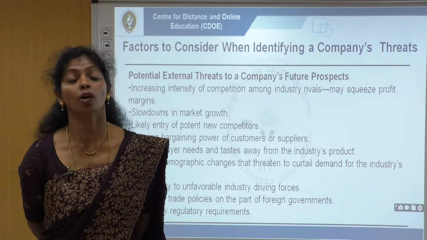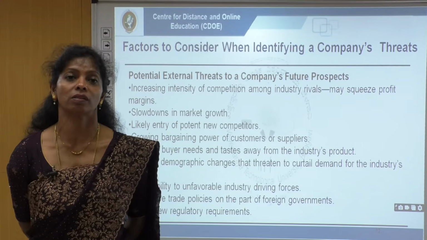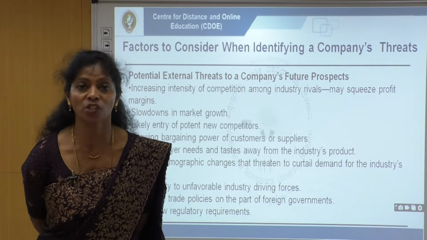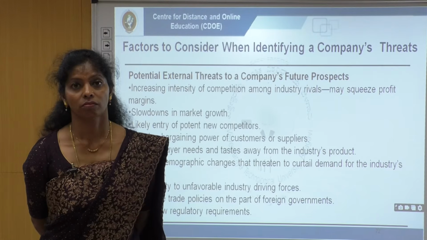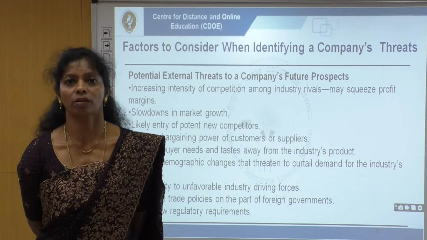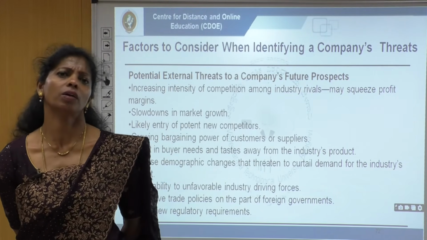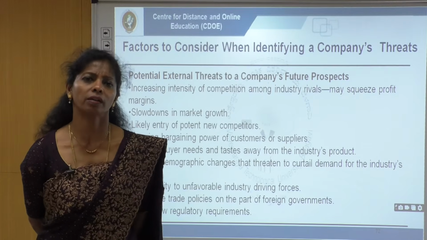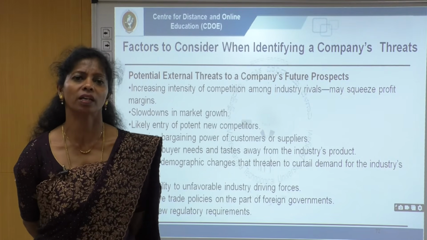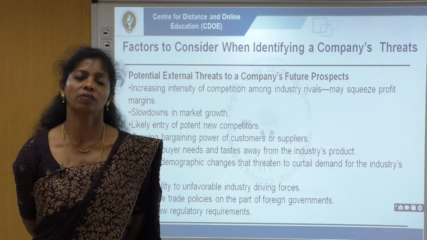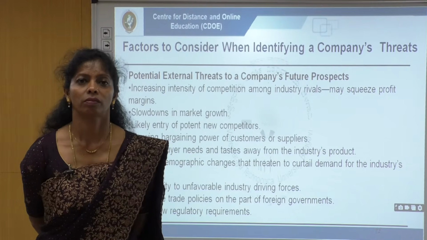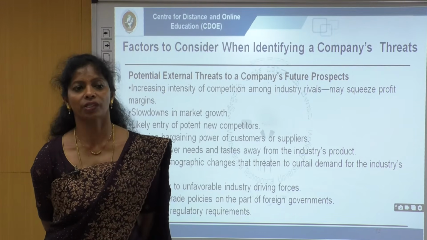Increasing intensity of competition among industry rivals may squeeze profit margins. You are not monopolistic, it is oligopolistic. Any company can come, and many companies can give a better product and service than the existing firm. So there is always a threat.